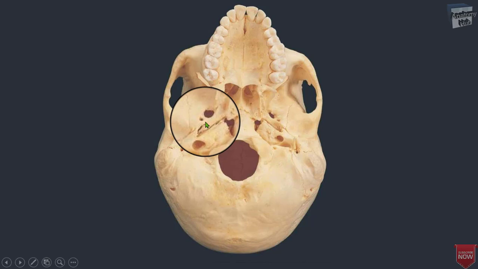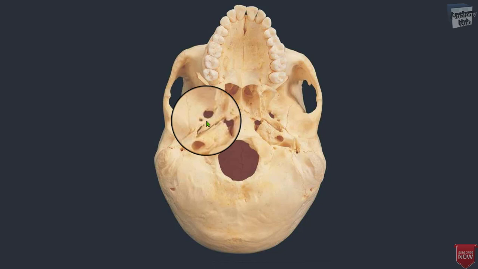The foramen transmits the middle meningeal branch of the external carotid artery into the cranial cavity. The artery is accompanied by the postganglionic plexus originating from the superior cervical sympathetic ganglion and by the nervus spinosus, a recurrent meningeal branch of the mandibular division of the trigeminal nerve.